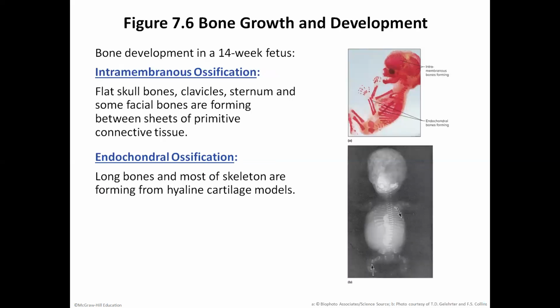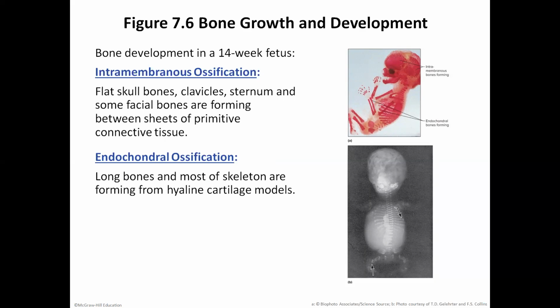So again, this is looking at a 14-week fetus in this picture. We can actually see how we have bones forming in both aspects. We have the endochondral bones forming, as well as the intramembranous bones taking place as well. So again, usually when we think of the bones of the skull, the clavicles, the sternum, we're thinking about intramembranous ossification. And this is actually going to be forming sheets of primitive tissue. And we call this primitive tissue mesenchymal tissue, or sometimes the book will refer to it as just primitive connective tissue.